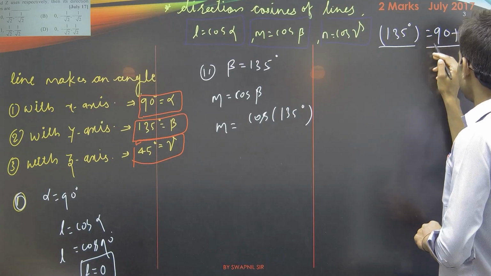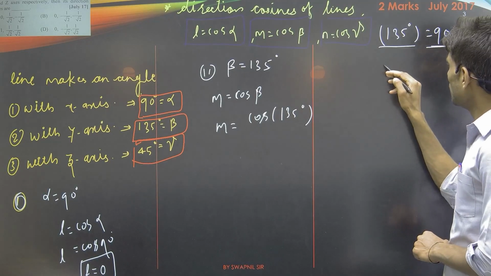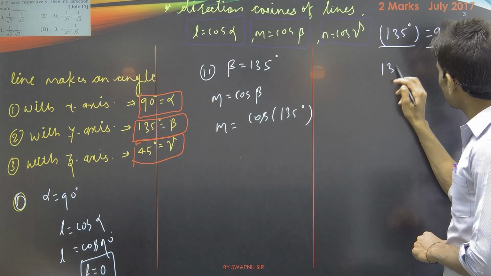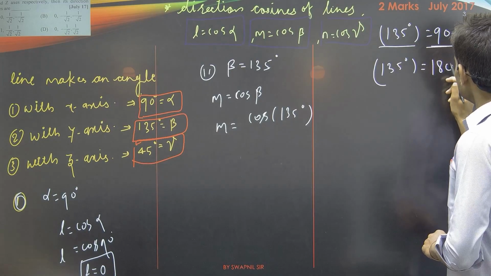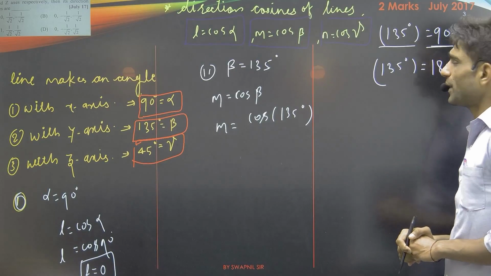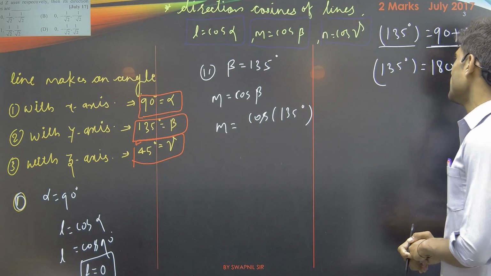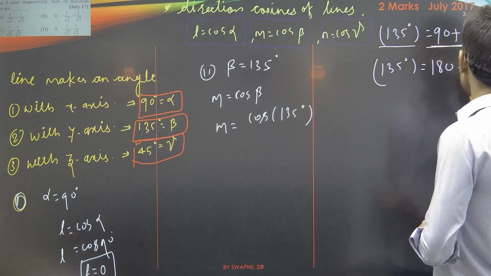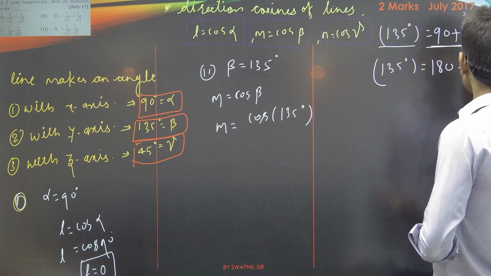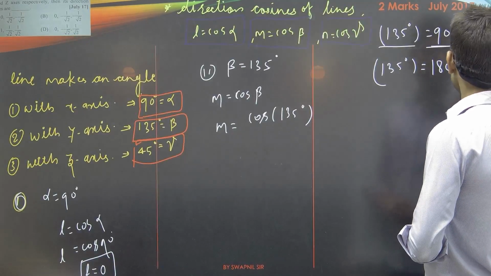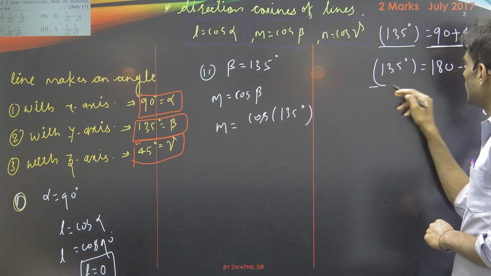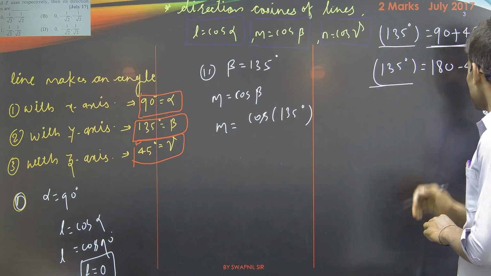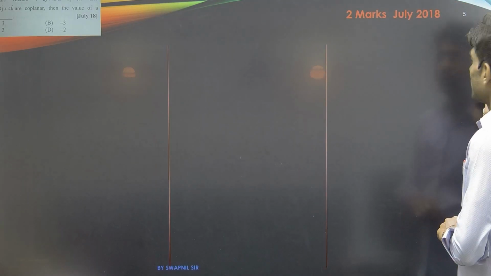Or 135 degree can be written in the form of 180 minus 45, and we will get 135 degree.